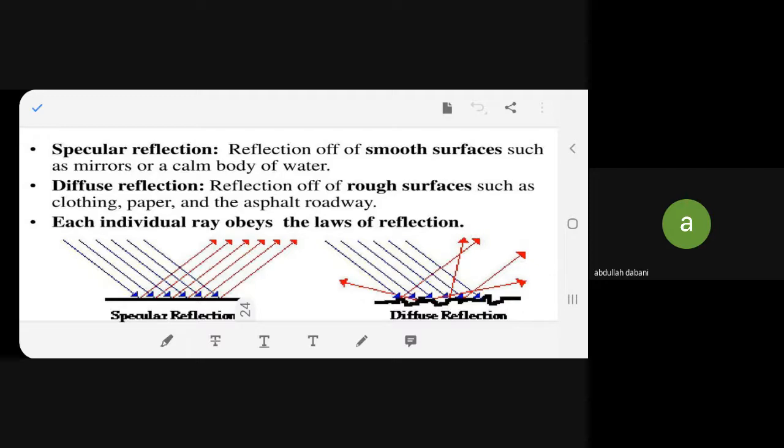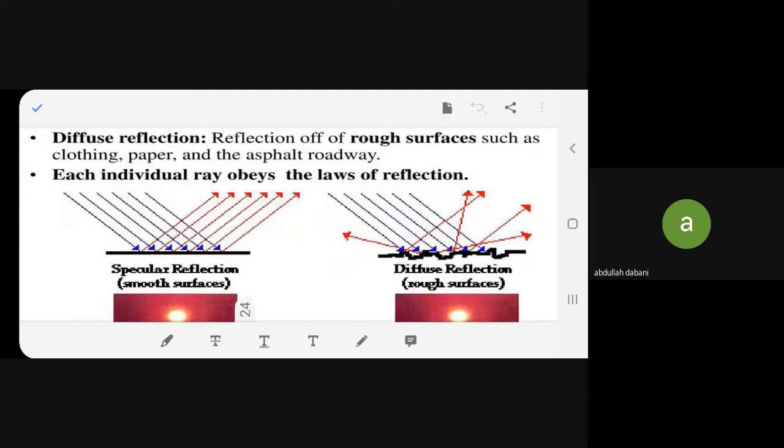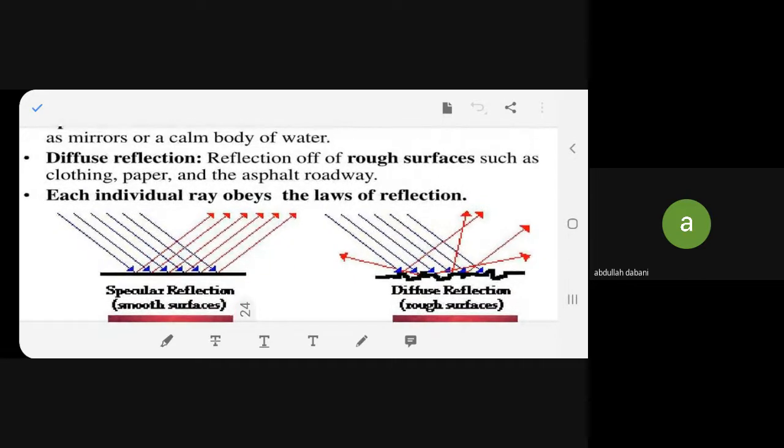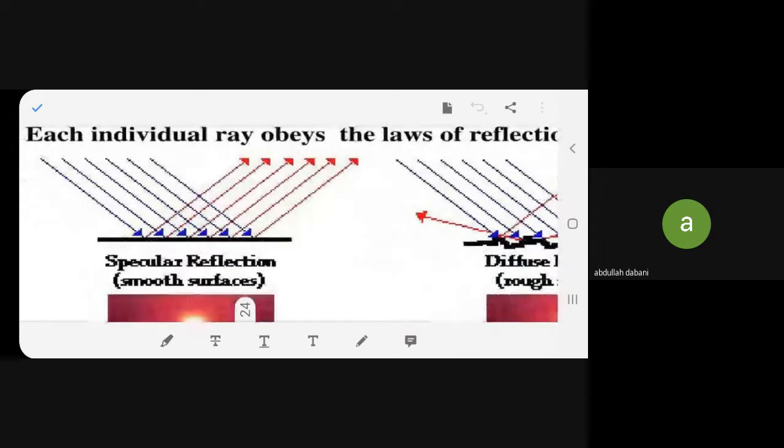We make roads with asphalt. It's a type of material, isn't it? So the roadways which are made of asphalt are called asphalt roadways. Each individual ray obeys the laws of reflection. Fine. Now we will do the specular reflection first.